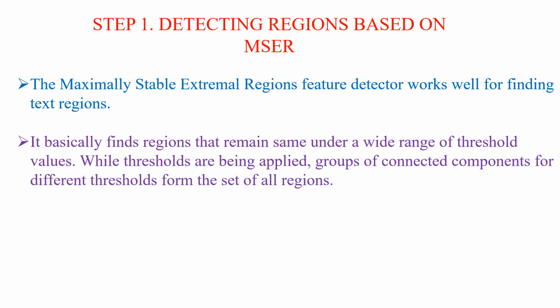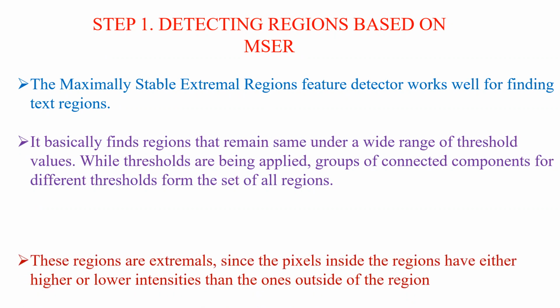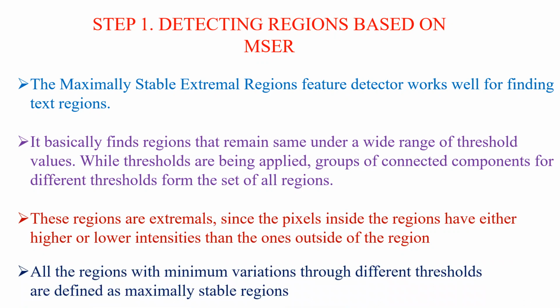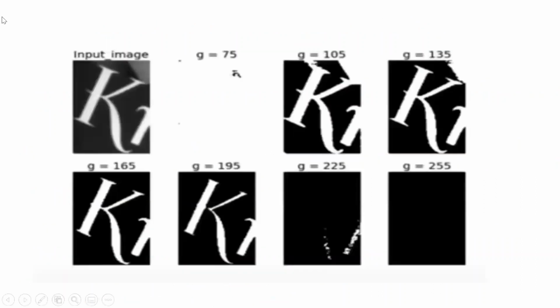While thresholds are being applied, groups of connected components for different thresholds form the set of all the regions. These regions are extremal, since the pixels inside the regions have either higher or lower intensities than the ones outside the region. All the regions with minimum variations through different thresholds are identified as maximally stable regions.